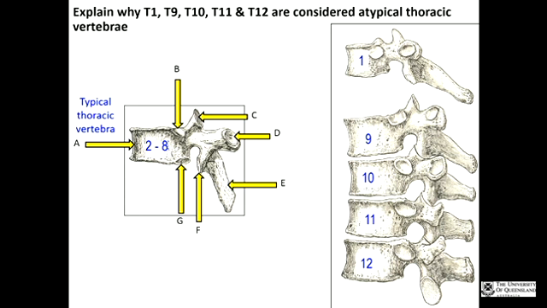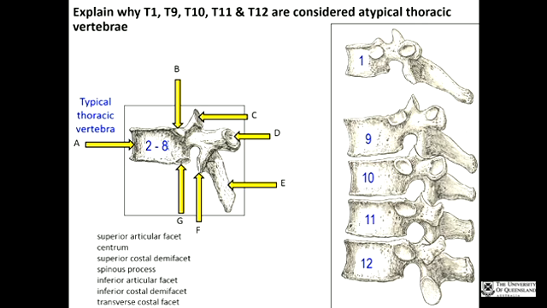And you would find all of these on the typical thoracic vertebrae. So you might have the names, or you might not have all of the names. So the names are here, but not necessarily in the right order.